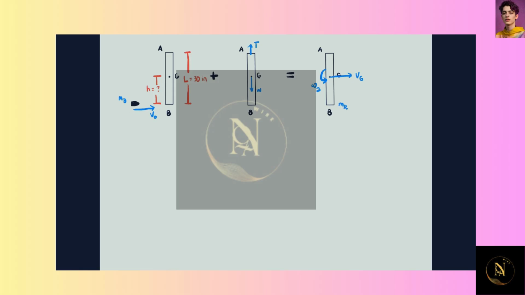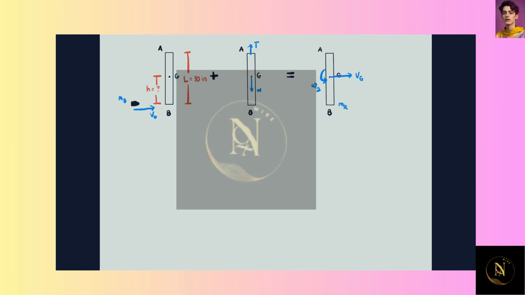I have here a sketch of the problem. In the first part, you can see that a bullet with mass mb is fired at a velocity v sub o towards a suspended rod with mass mr, initially at rest, at a distance h from its center.